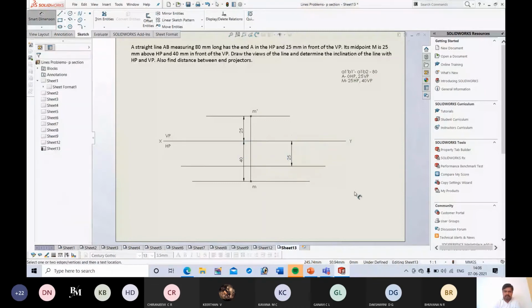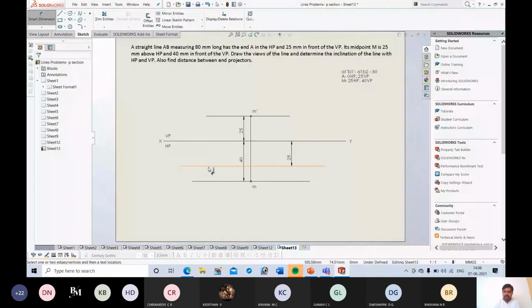Okay, so this is the locus of point A. This is locus of top view of A. Now, I have locus of A, that is on XY and this line. Okay, so I know the true length. So now I can mark this true length.